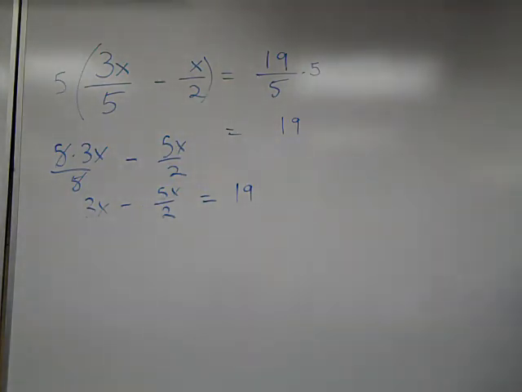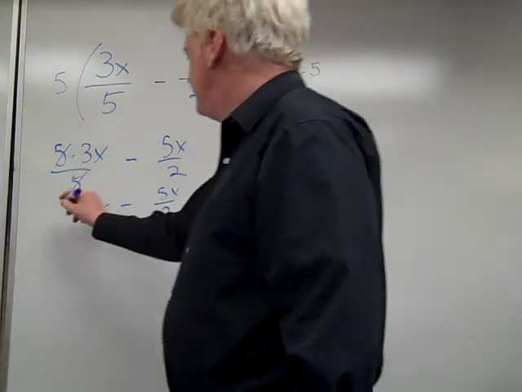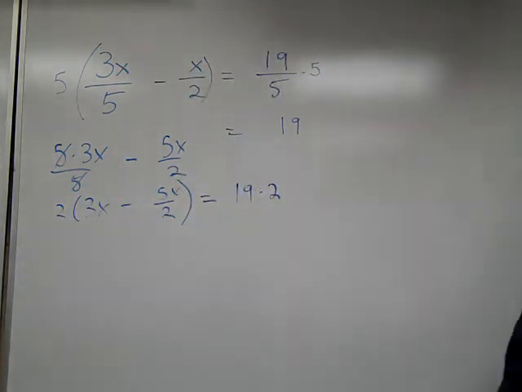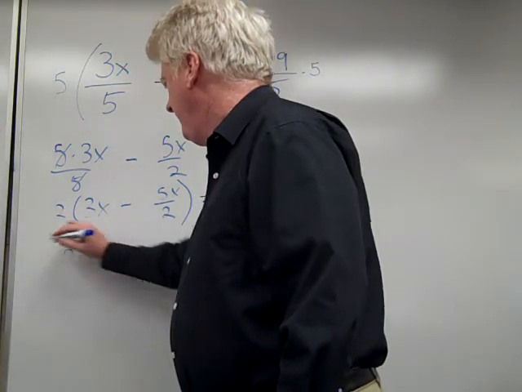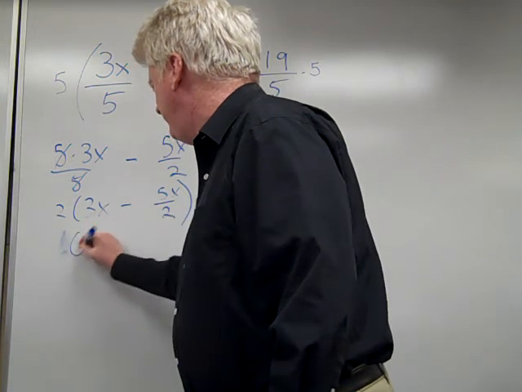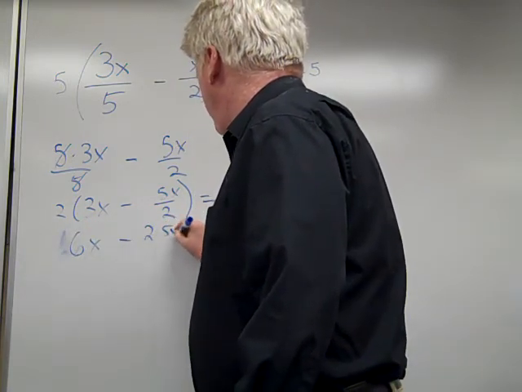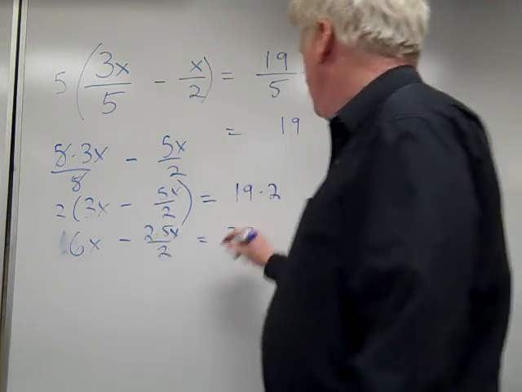How do we get rid of that one fraction? Multiply everything by 2, so we multiply this entire side of the equation by 2. Again, don't cancel yet. Distribute first. So 2 times 3x is 6x minus 2 times 5x over 2 equals 38.